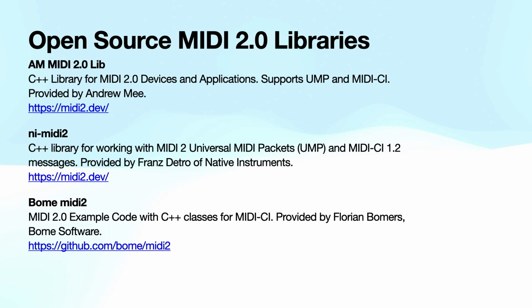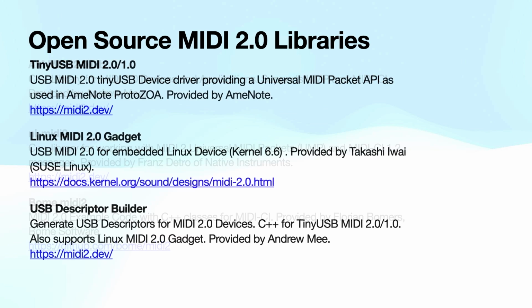Böhm software provides a library called Böhm MIDI 2, which can be found on their GitHub. Also on MIDI2.dev, you can find the TinyUSB MIDI 2.0 plus 1.0 library that's used in the Protozoa, provided here as open source by Ominote.